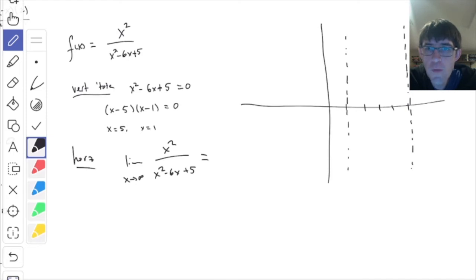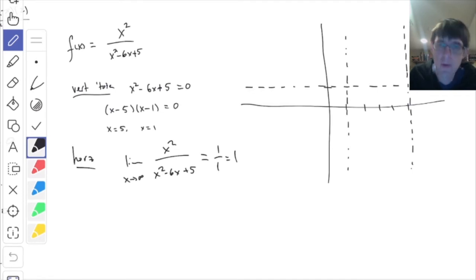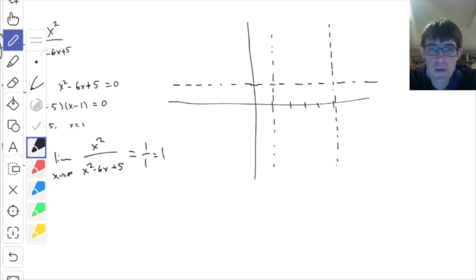Yeah, 1 over 1, I believe. The top and the bottom have the same degree, and the coefficients are 1 each time. So this is 1 over 1, which is 1. Okay, so I have a horizontal asymptote at y equals 1. All right, so this is what my asymptotes look like. Little weird, but it's all right, we can handle it.